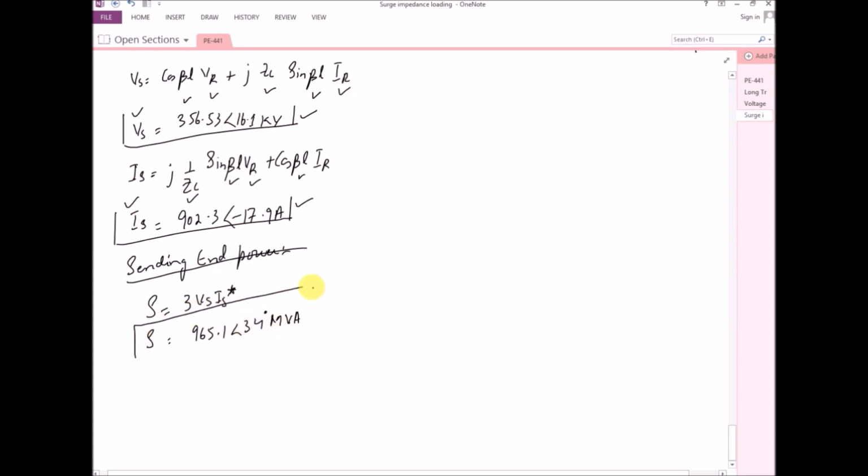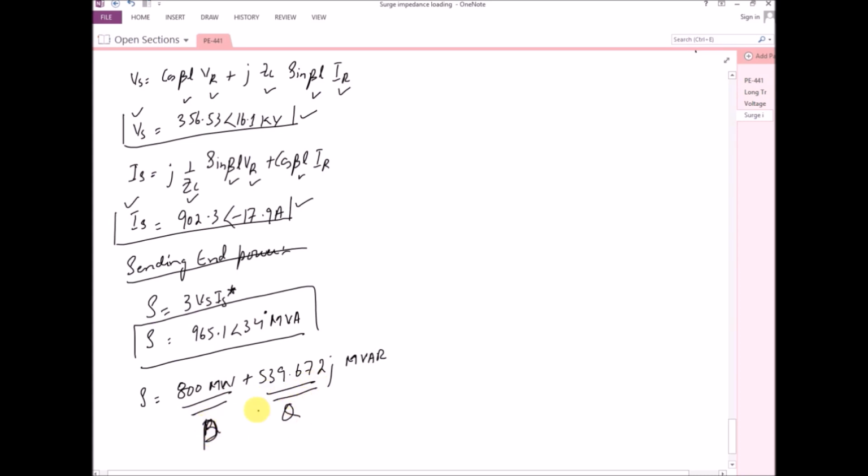And now if I have to write it in terms of real and reactive power, that will be S equal to 800 megawatt plus j539.672 MVAR. So this is your real power and this is your reactive power, right?